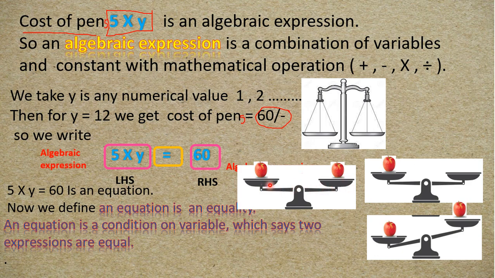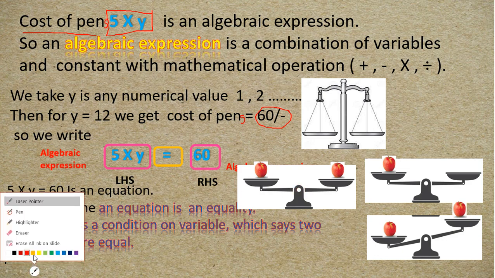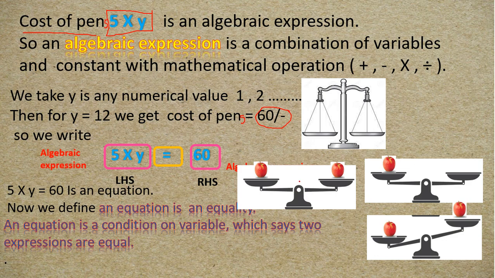So this shows this is an equation. Here the center of this straight line is the equal to sign. Here we can say this balance is an example of an equation. At this center line the plates are at the same level.